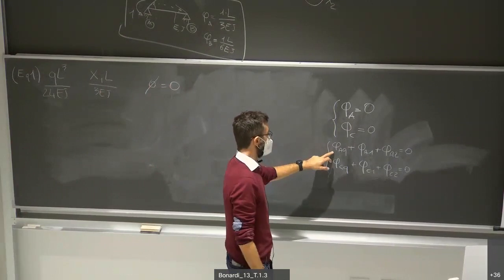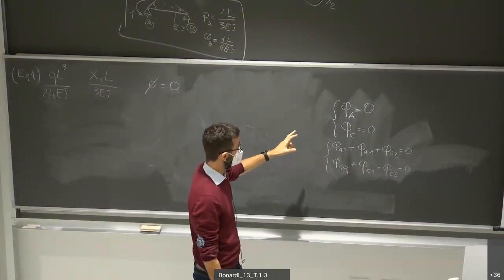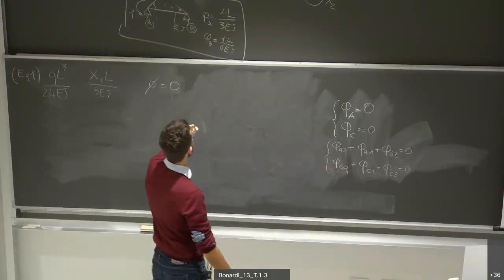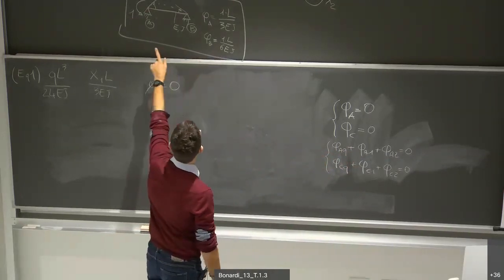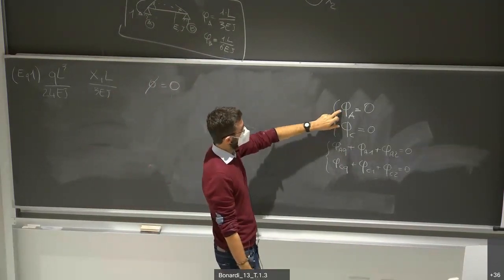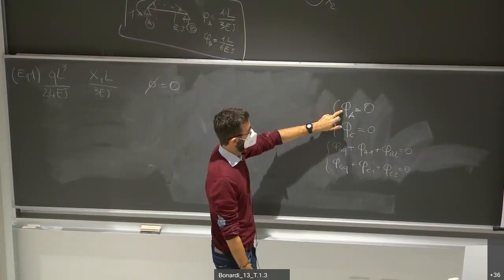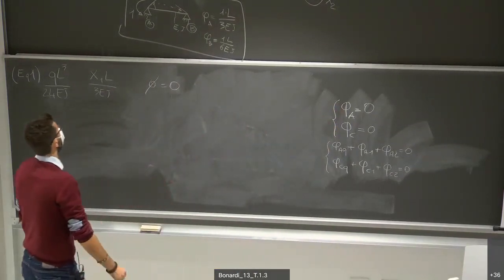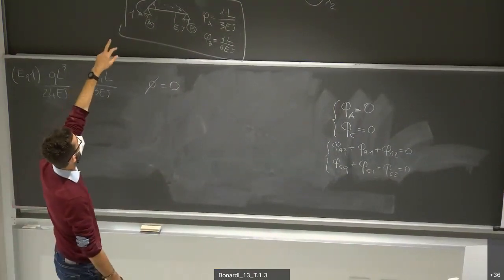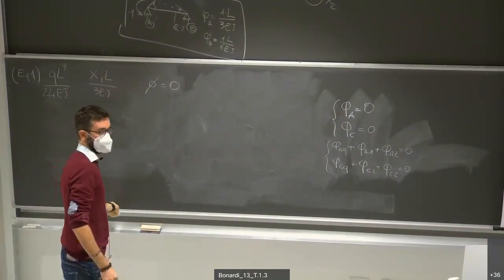Now, what about the signs? The suggestion is to take the sign that is related to the static unknown that is acting in this node, but it is the same. You can choose one sign or the other. In this case, each one is going counterclockwise.